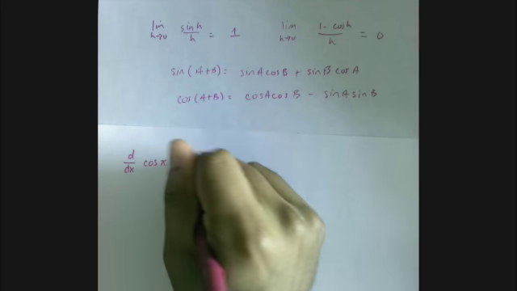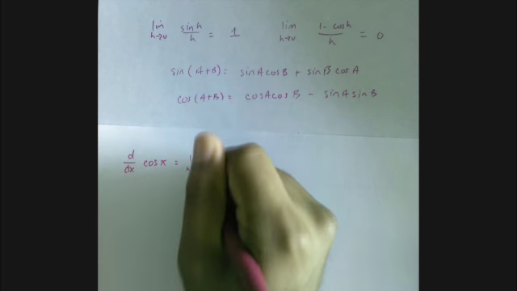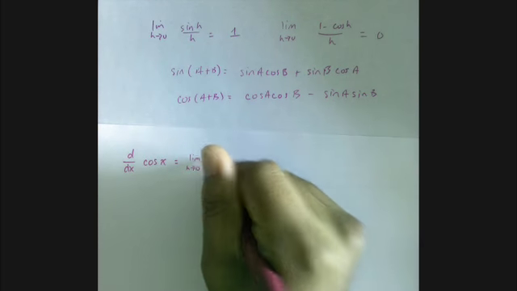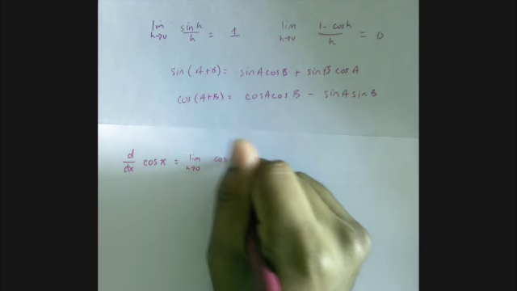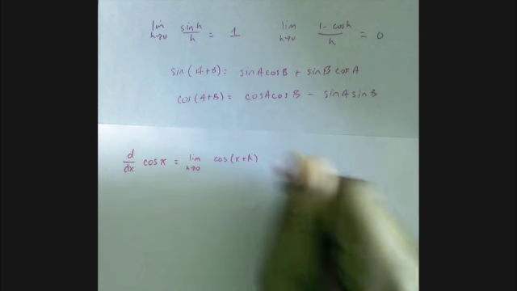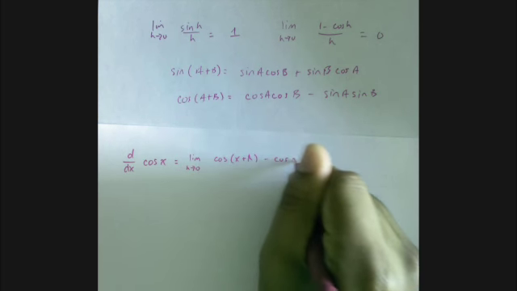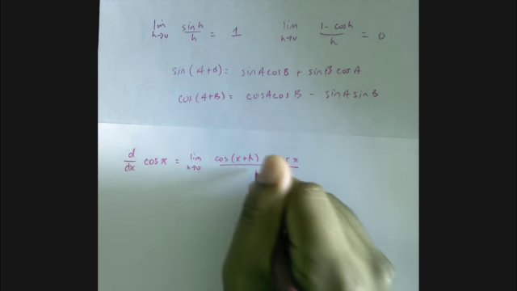Again, we'll keep in mind that the definition of the derivative here for cosine x would look something like cosine of x plus h minus cosine x, all divided by h.